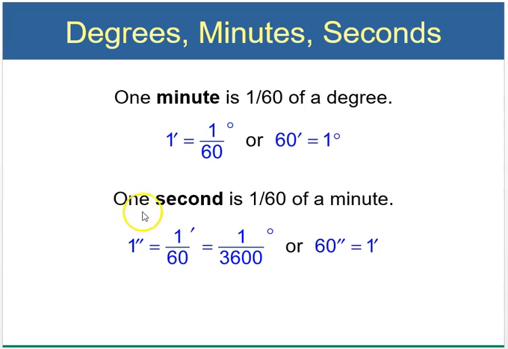Now, same thing kind of goes with seconds, but 1 second is 1/60th of a minute, or you can say 1/3600th of a degree.